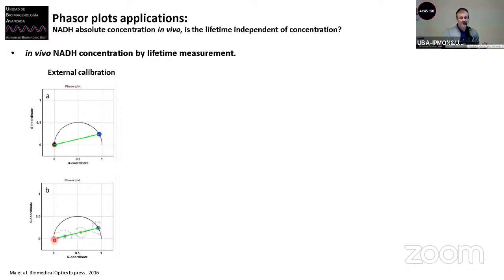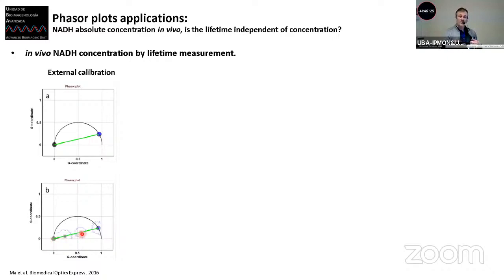The position will be at 0, 0, because this is the longest lifetime that we can go. So whatever other lifetime we have in the phasor, if we have both, it will be in the linear combination between these 2 points. And if we do the proper calibration, let's say we measure a solution with a certain amount of NADH, and we turn on our flashlight, we will have some movement of the trajectory as shown here. And if we increase the flashlight, we have more.